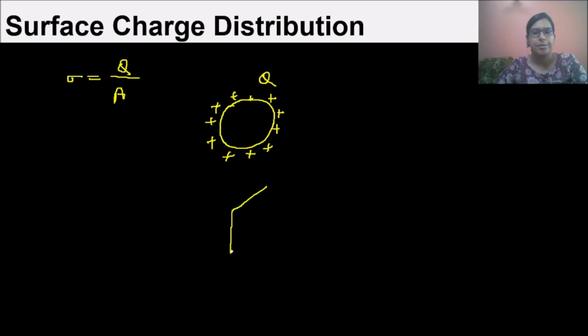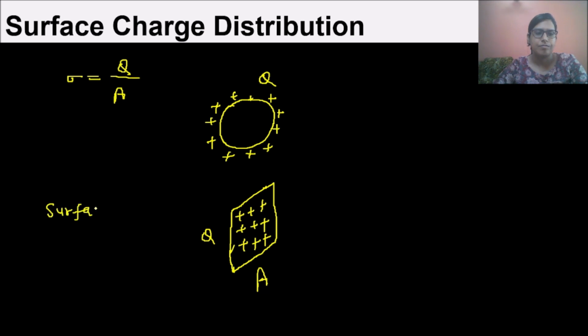Suppose there is a sheet which is uniformly charged, and the area of the sheet is A, and the total charge is distributed uniformly on this sheet, then the surface charge density sigma will be Q upon A.